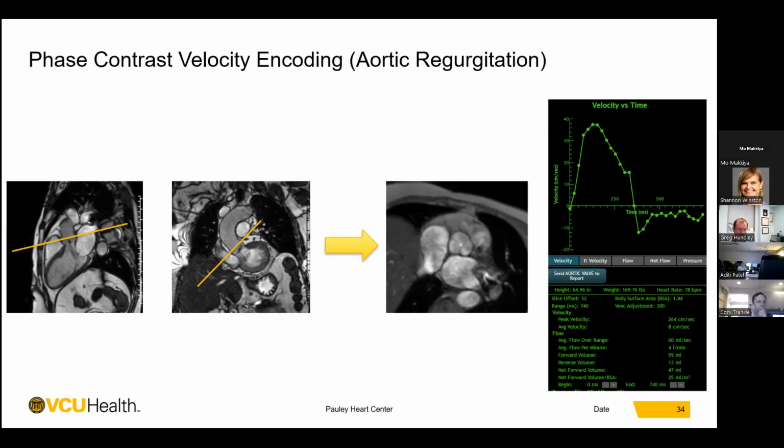Sometimes the direct quantification method can be compromised in the presence of arrhythmias, for example, atrial fibrillation. So in these instances, multiple indirect methods can be used to determine the AR severity. For example, in the absence of significant pulmonic regurgitation, aortic regurgitant volume can be derived by subtracting the pulmonic forward flow from the aortic forward flow.